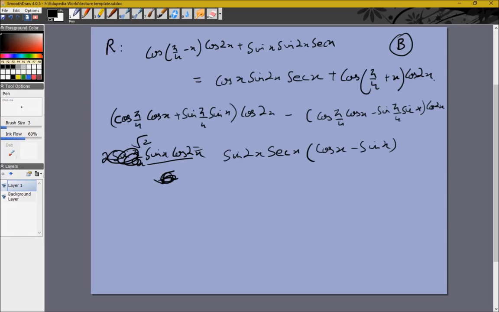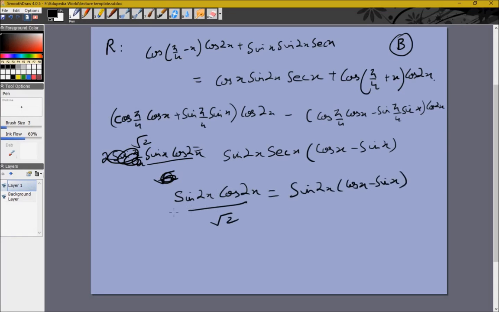So we'll get sin 2x cos 2x by root 2 is equal to sin 2x times cos x minus sin x.